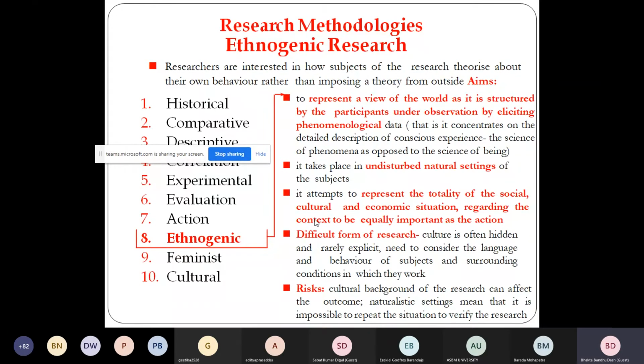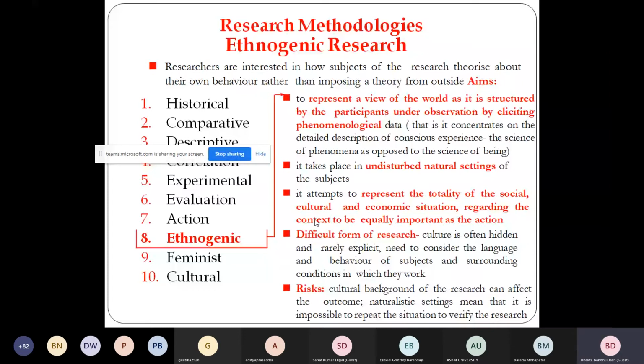Naturalistic settings means that it is impossible to repeat this situation to verify the research. So another thing I am telling you, there is a risk. If we are really not logical, if we are really not careful, then once we lose that research setting, we cannot get it again.